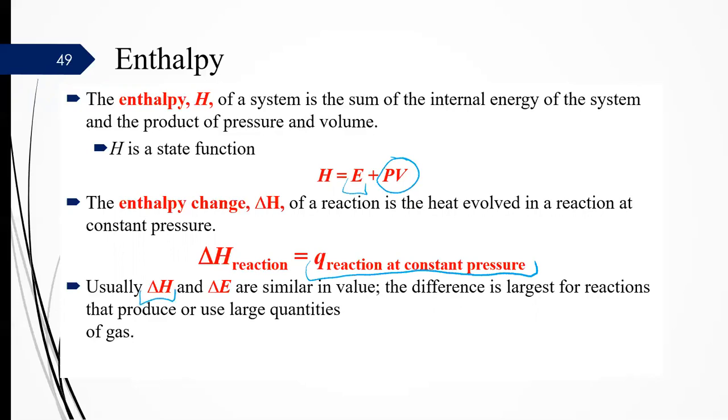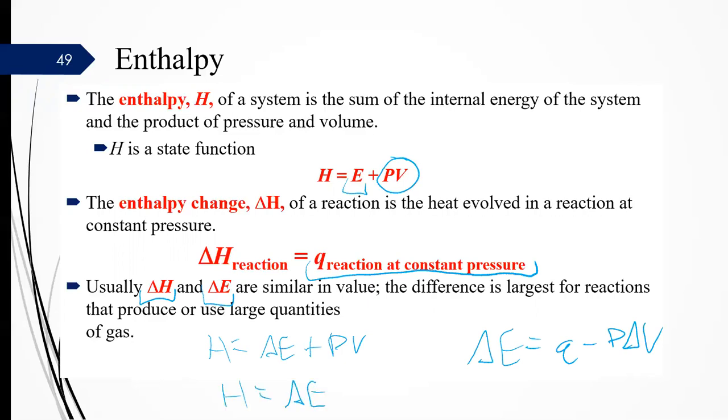So delta H and delta E actually end up being very similar. Delta H is just Q, and delta E is Q. And so as long as our volume changes are 0, then basically delta H becomes delta E. But when we have a lot of gas that gets produced, then our volumes change a lot.